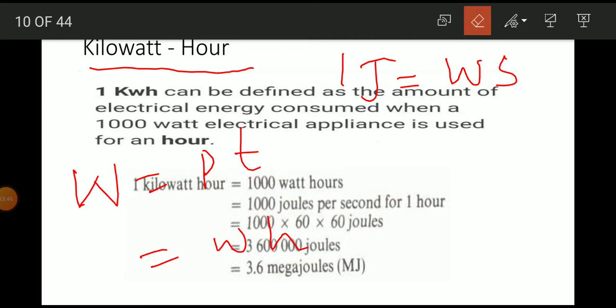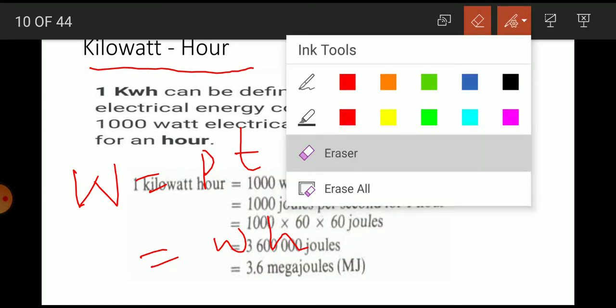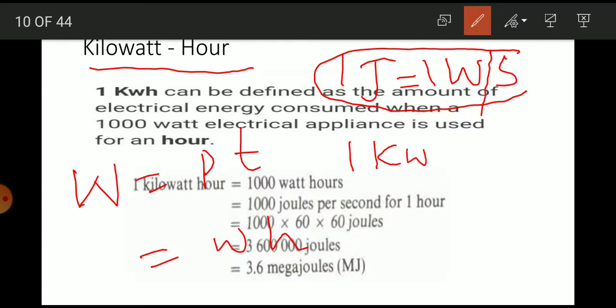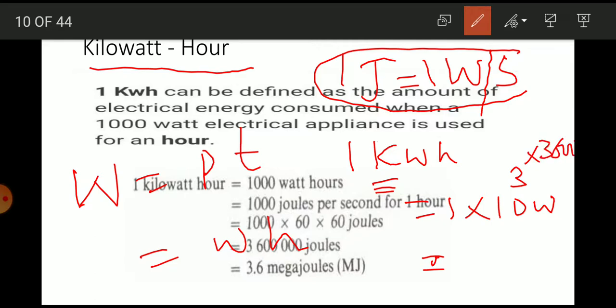So 1 joule is equal to 1 watt second. So in place of 1 kilowatt hour we will write 1 cross 10 to the power 3 watt, where 10 to the power 3 is the value of K, a prefix. And in place of hour you will write 3600 second.